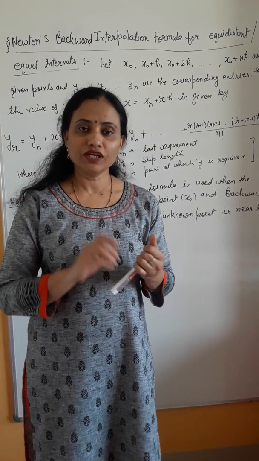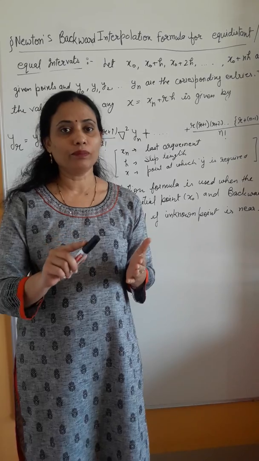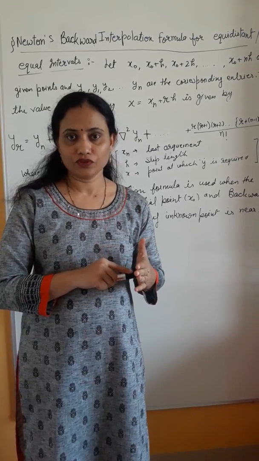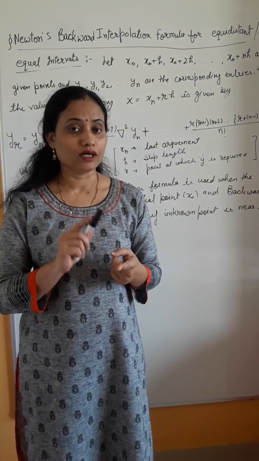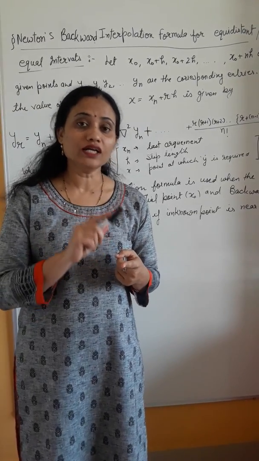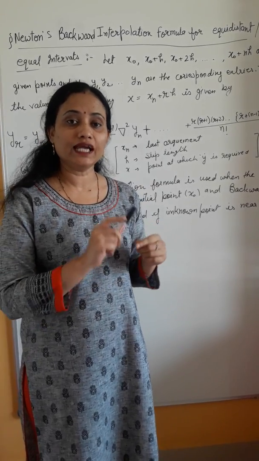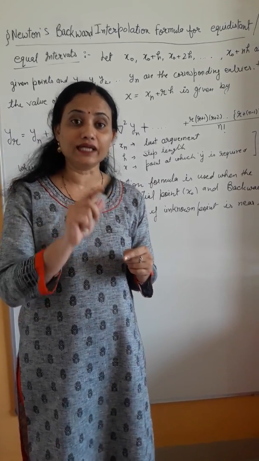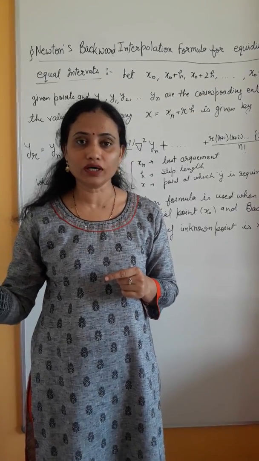When we represent backward differences, we use nabla in place of delta. In computation there is no difference. In forward, the reference point is always the initial point, and we take the leading differences as delta y naught, delta square y naught, delta cube y naught, like that.